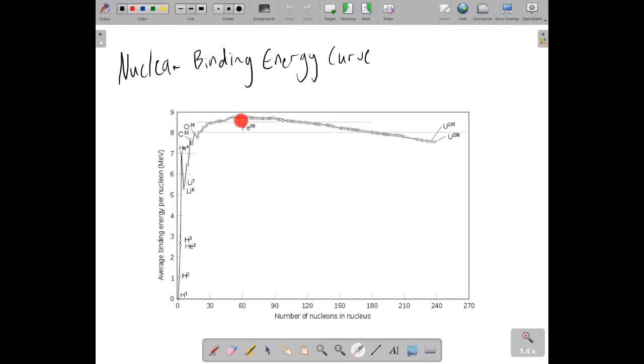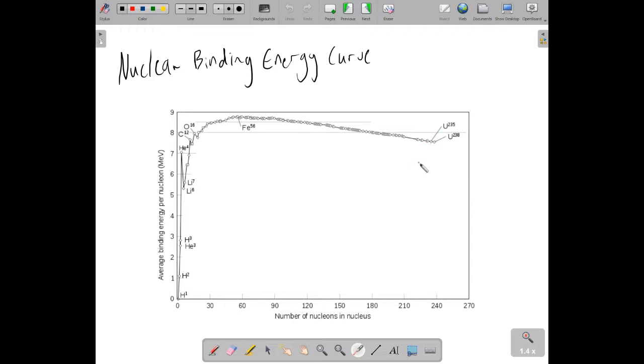But beyond the point of iron, the nucleus becomes less stable because the strong nuclear force is trying to fight against the repulsive electrostatic forces from the positive protons, and the strong nuclear force only acts over a very short distance. So rather than getting stronger and stronger as the nucleus gets bigger and bigger, it starts to get a little bit weaker towards the edges.